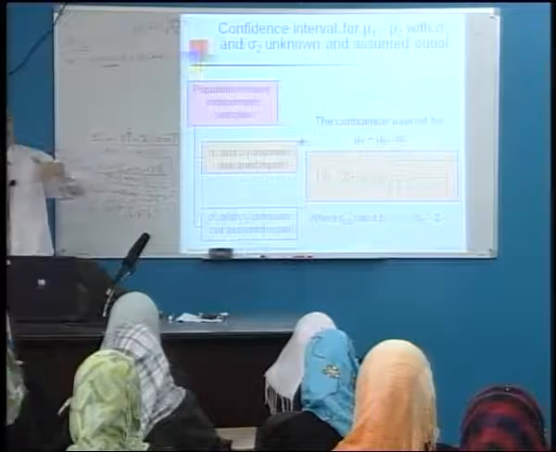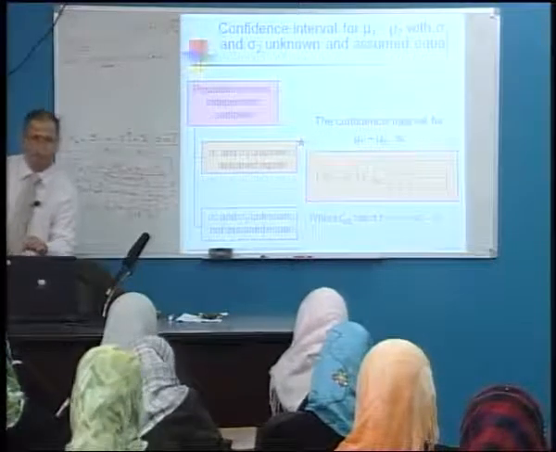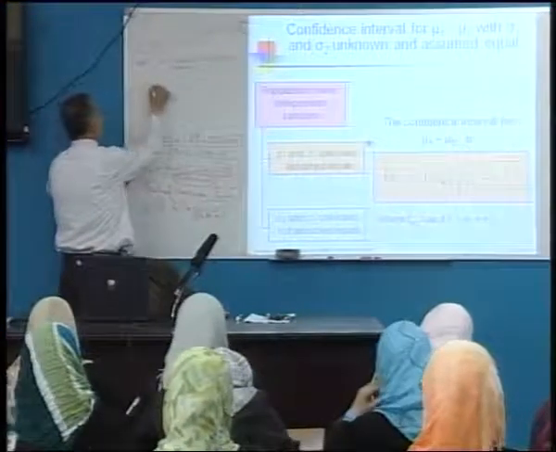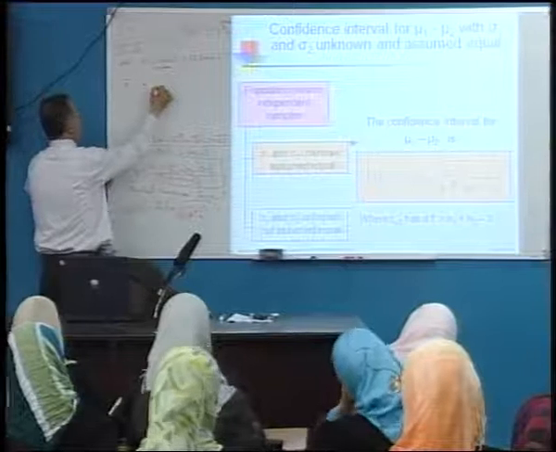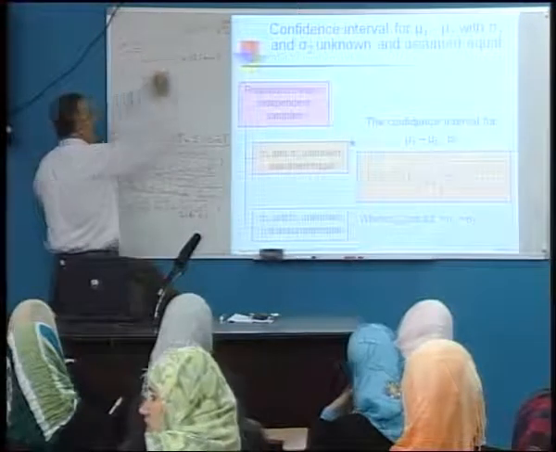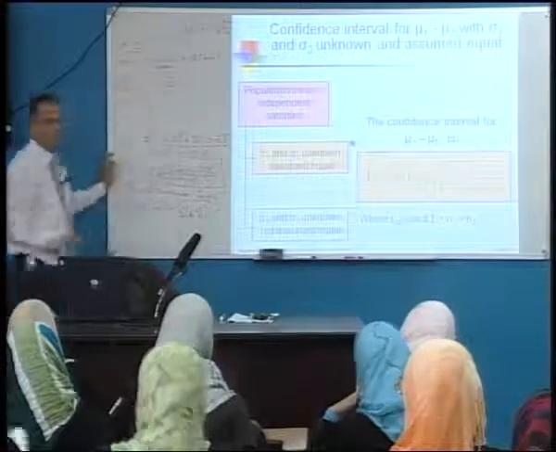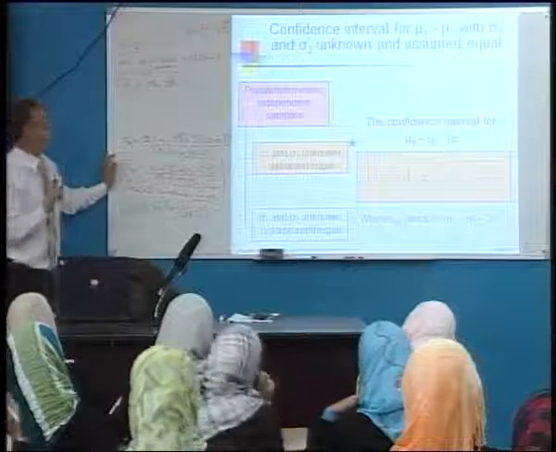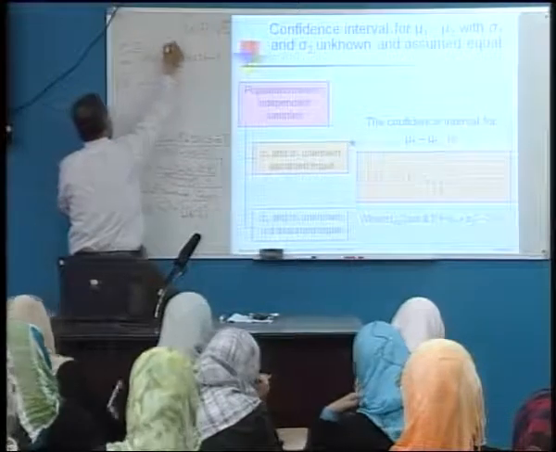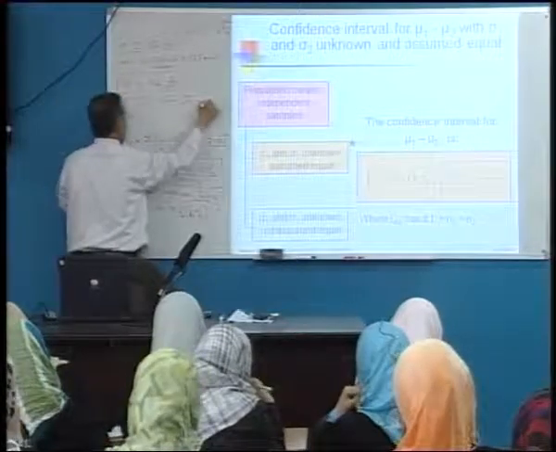Before we had talked about the confidence interval for mu. So in that case, we have x bar plus or minus t, then the standard error of this estimate, which is s over root n. That's before. Now we are talking about the confidence interval for mu1 minus mu2.